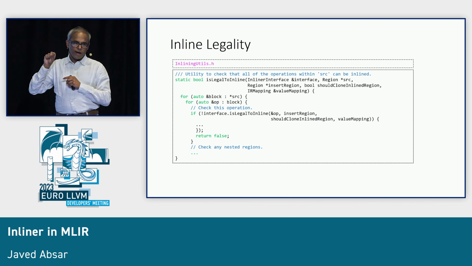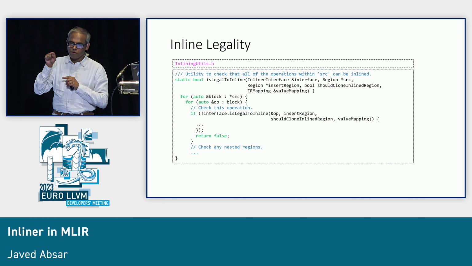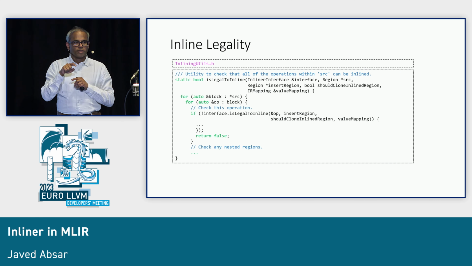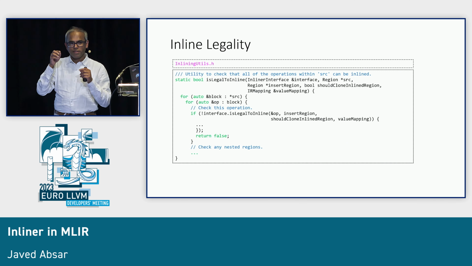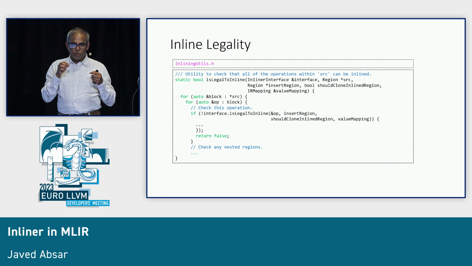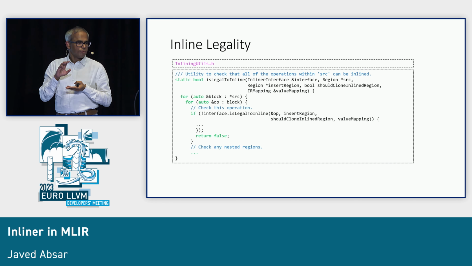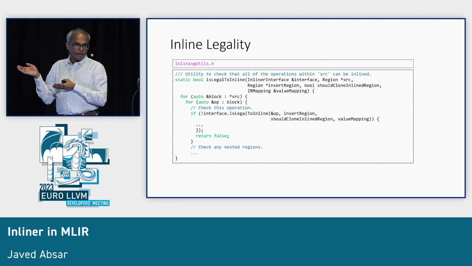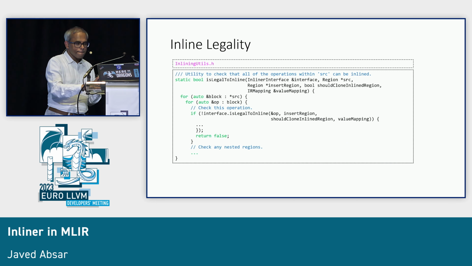If it's an affine.for, it will call the affine dialect and ask, is it legal to inline? Then the dialect will walk through its own IR and see, is it nice simple IR, or am I, for example, calling something or doing something that makes it unsafe to inline? It will reject it if so. If everything works fine, the inliner gets a report back that it's legal to inline, and then it goes and does the inlining.